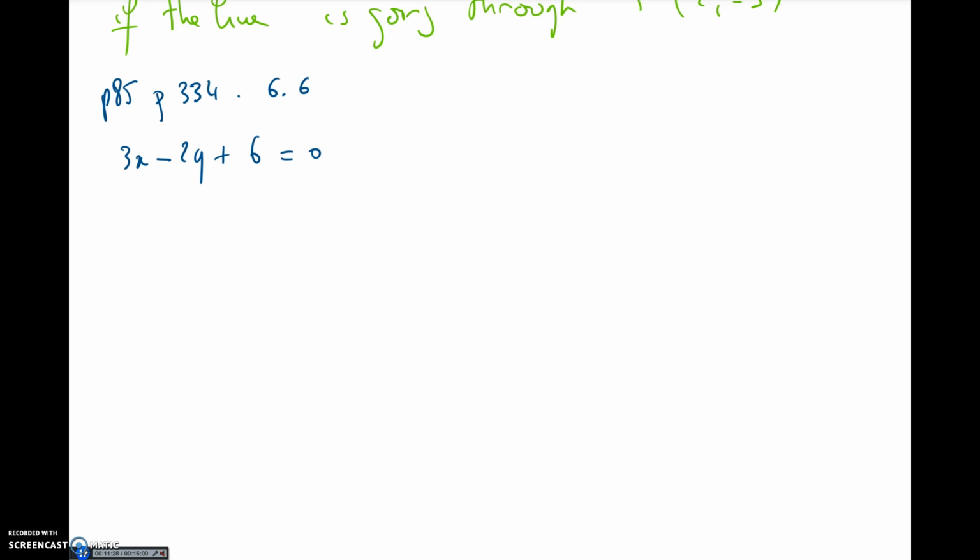First and foremost, you want to transform that into y equals mx plus b. That means you need to isolate y. To isolate y, you get rid of the 3x on both sides of your equation, and you get rid of the 6 on both sides.